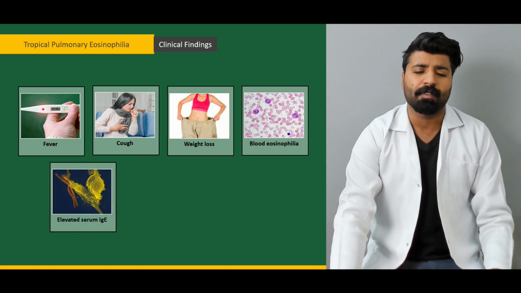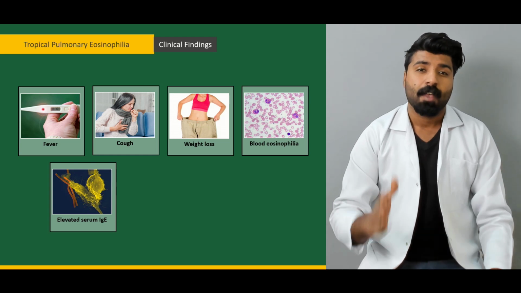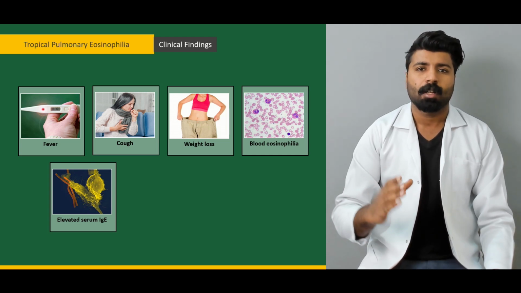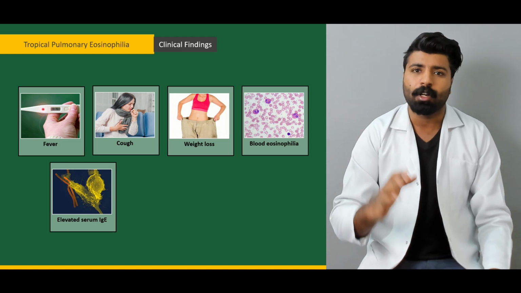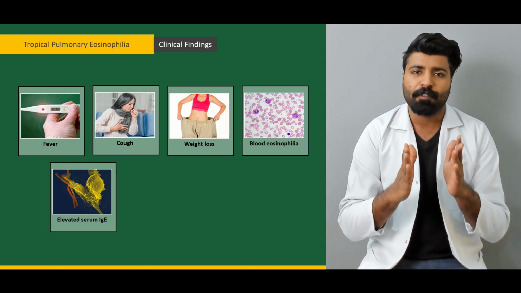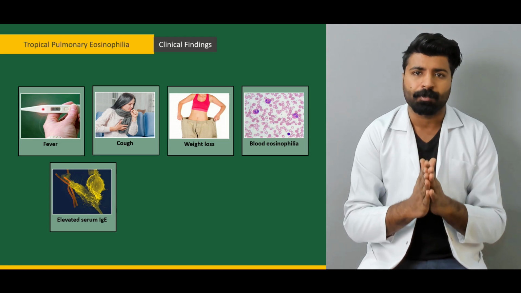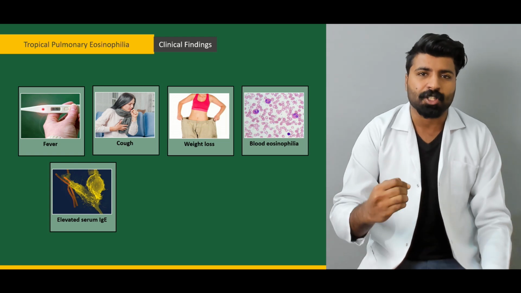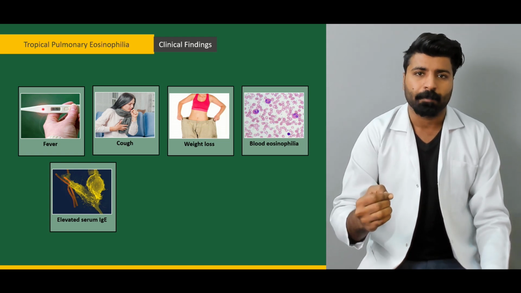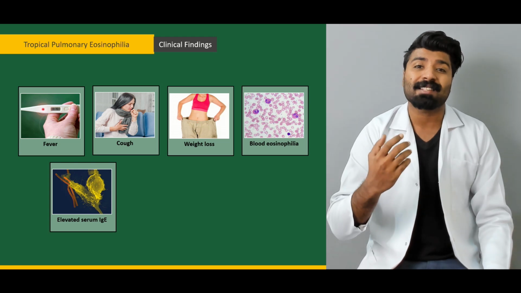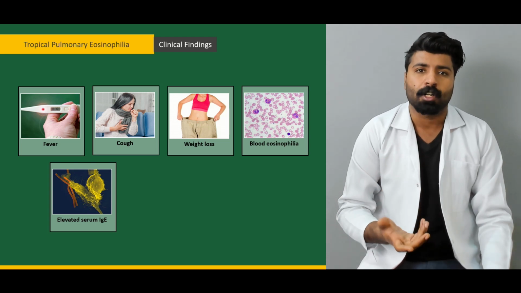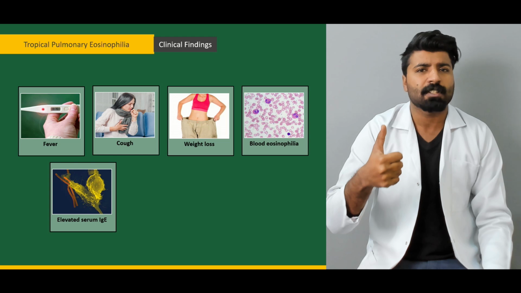Next on, you'll have elevated serum IgE. Why? Because whenever a parasite enters your body, it's not actually that parasite that's causing the whole damage. Half of the damage is being caused by your own immune system. You get those hypersensitivity reactions, which lead to further damage in your body. So when a parasite gets into your body, your body is going to respond. First of all, eosinophils are going to rise.